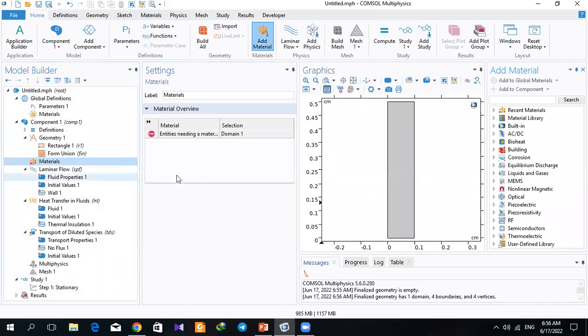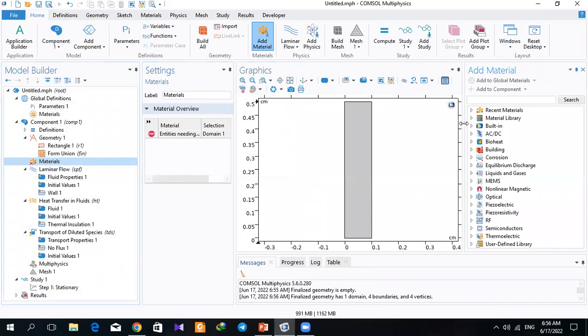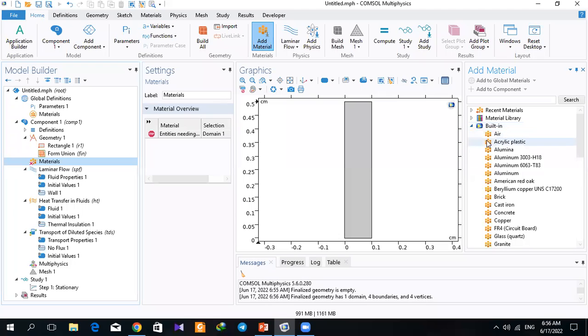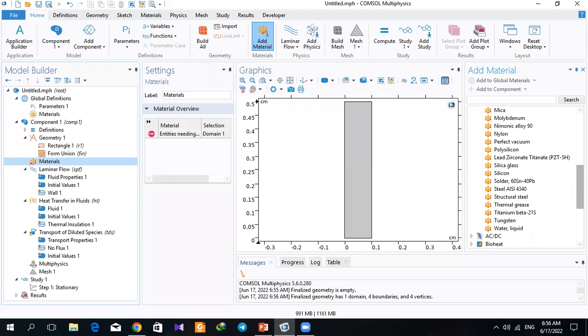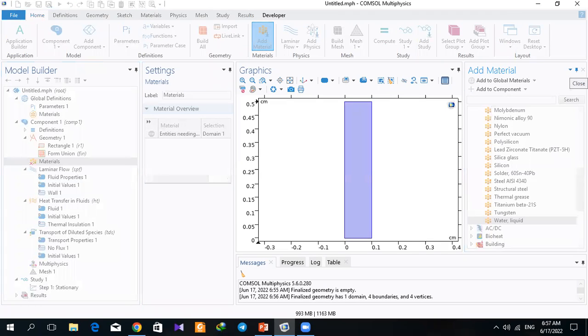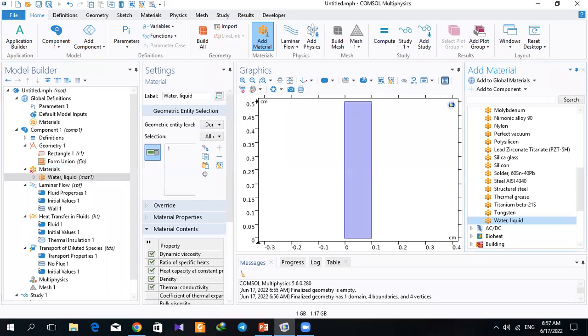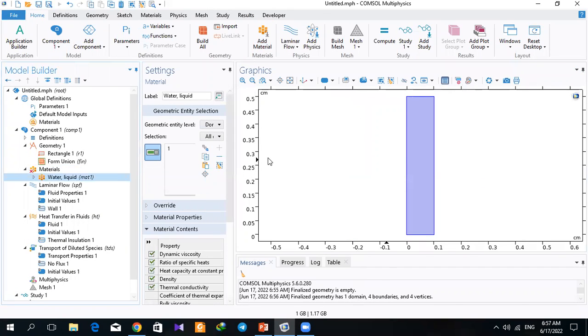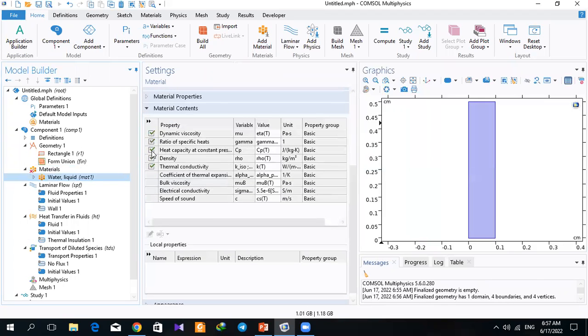I just can go through materials to select a specific chemical, a specific material for my system. Let's say we can add, for example, water here. Here are the properties of the material that I added, and these tick marks show which properties are used for this simulation.